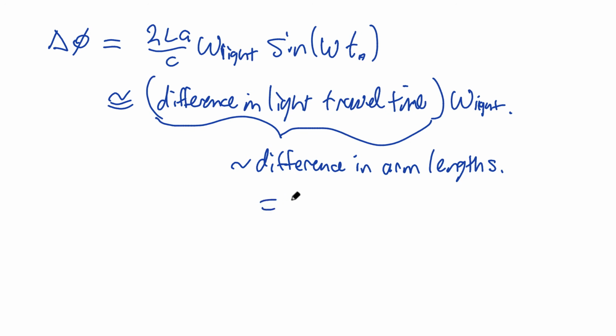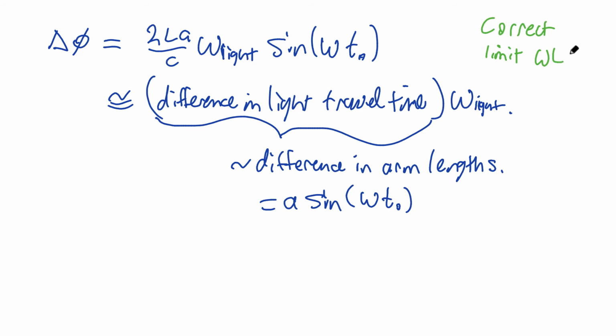And that difference is equal to A times sine of omega t naught. So that's why these factors of A and sine omega t naught appear in our expression for delta phi. And by the way, a more careful analysis of the phase difference shows that this result is correct in the limit omega L is much, much smaller than c.